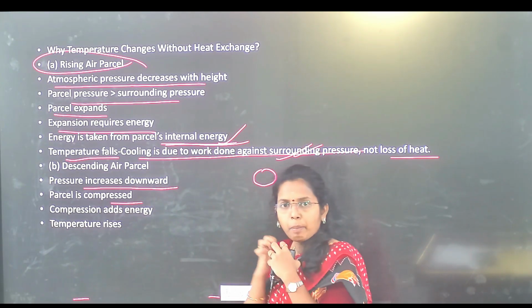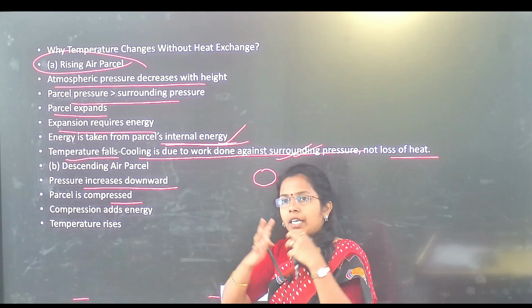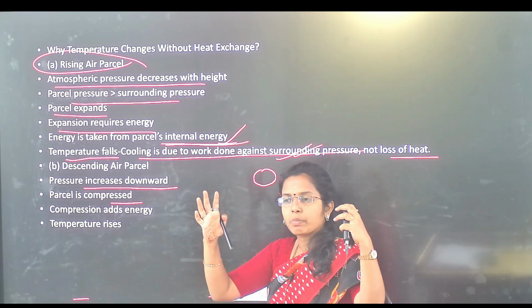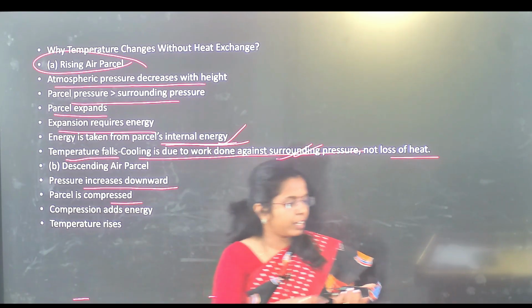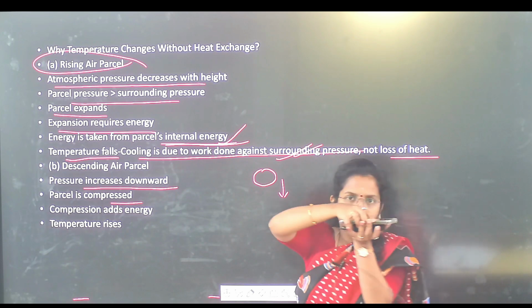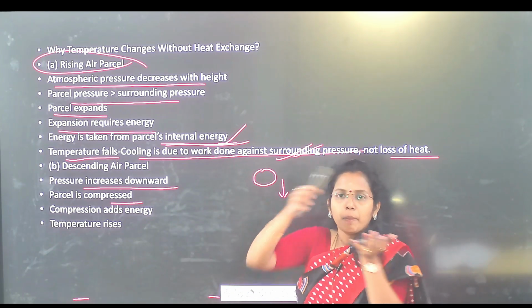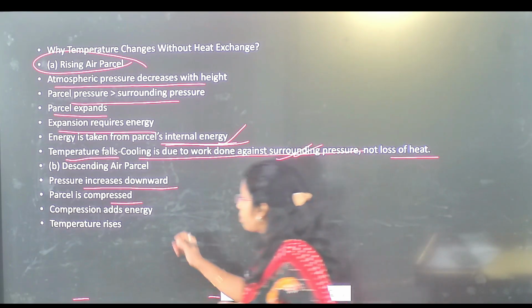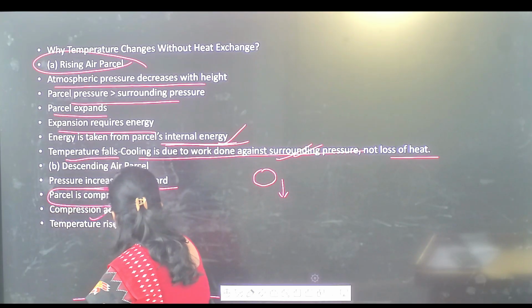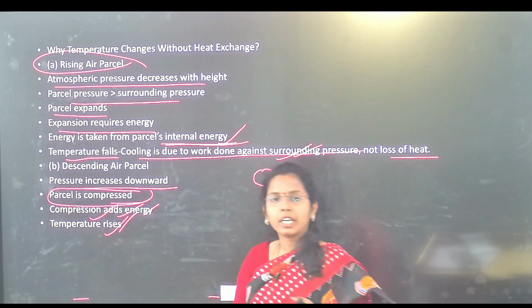Now pressure is increasing and the parcel is compressed. Here pressure is decreasing, the air parcel is expanding. Here pressure is increasing. See, whenever I put any pressure, it compresses, right? It does not expand. Compression adds energy and temperature rises.